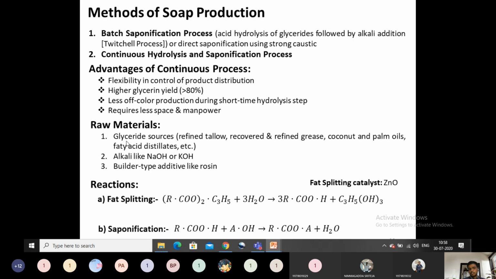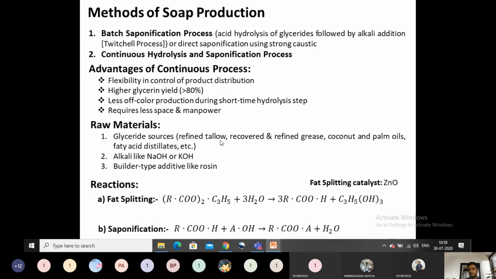For the manufacture of soap, the raw materials required are the glyceride sources. Glyceride sources are oil or fat sources, which are triglycerides, diglycerides, or monoglycerides. Whatever glycerides are there will be present in some oil or fat composition.